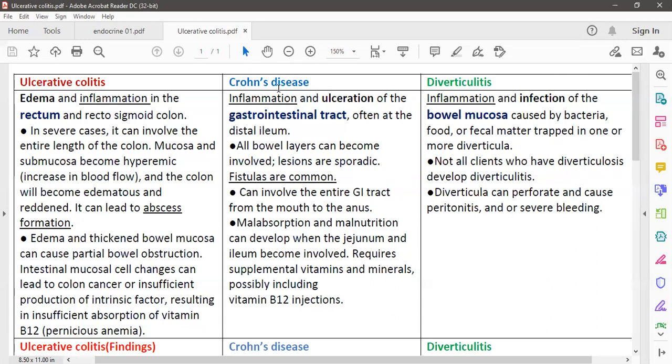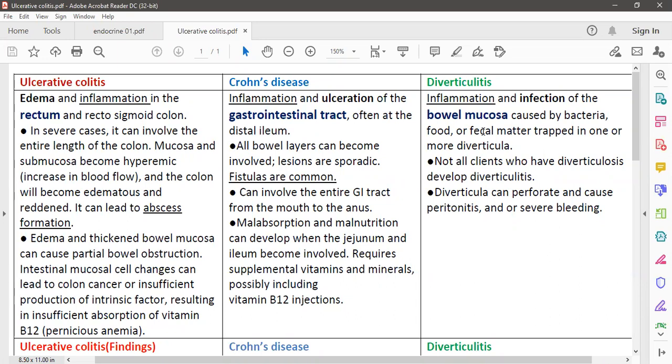Crohn, if it is untreated, fistula develops and can involve the entire GI tract. Malabsorption and malnutrition can develop when the jejunum and ileum become involved and require supplementary vitamins and minerals, possibly including vitamin B12 injection here as well.